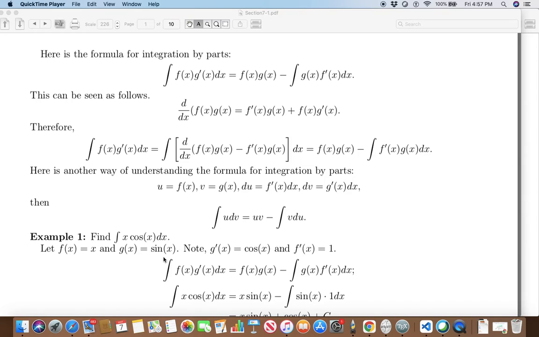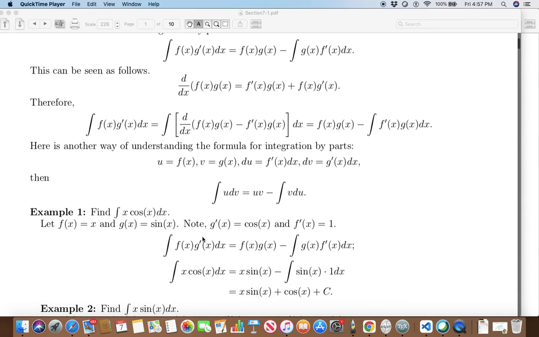In essence, you are integrating the second factor and calling that g. The whole point is that g prime is cosine x, and f prime, which you will need in your formula, is 1.